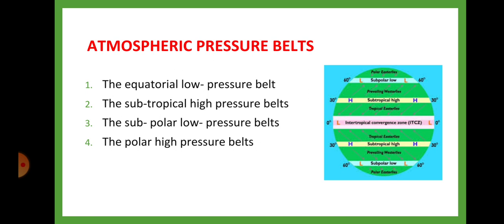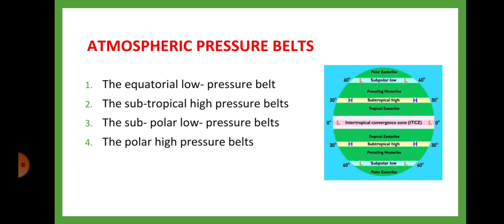This low pressure belt is called the equatorial low pressure belt or the intertropical convergence zone, ITCZ. As this air rises, it cools and starts descending.